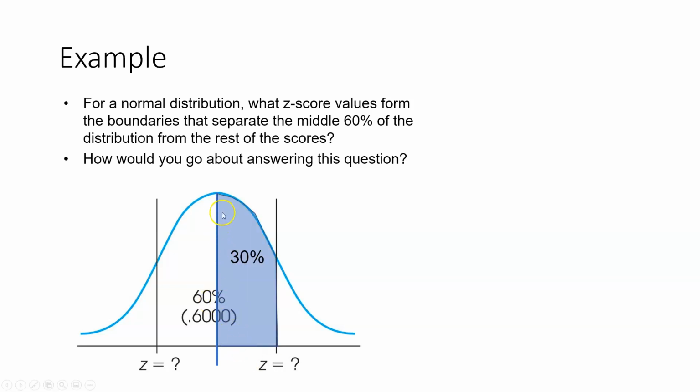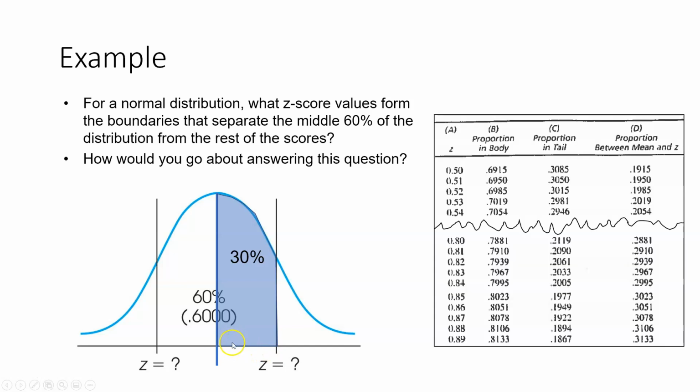This half of the middle 60% is 30%. Now we can suddenly use column D in the table. This is the proportion between the mean and z. So if we're looking for between the mean and z, what is the z-score that corresponds with 30% in this region? If you come over, you can see that 30% is closest here to 0.84.